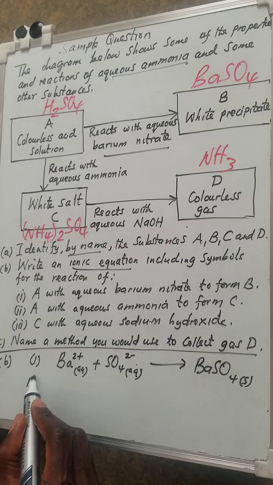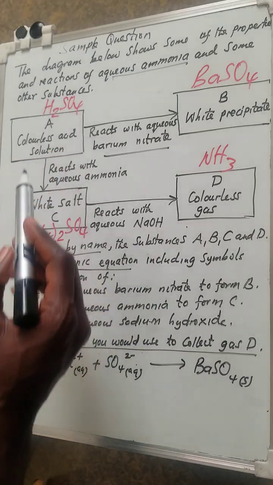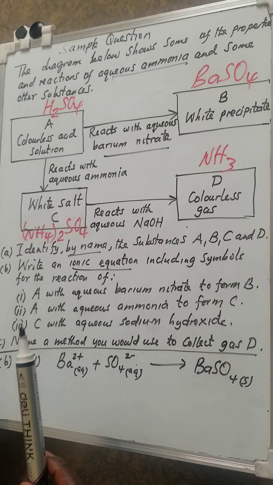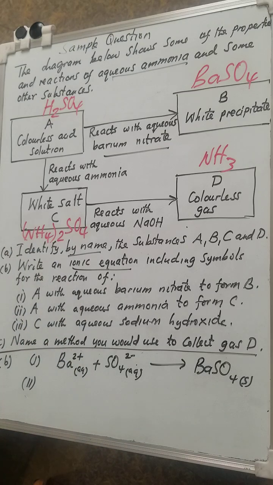The other one that we are producing is when this acid reacts with ammonium sulfate, so you are going to focus. Remember, at the same time water is going to be produced. That's the main product that you are going to have.